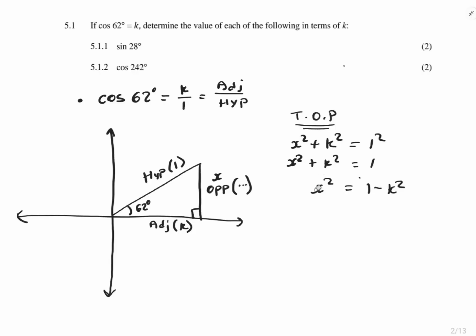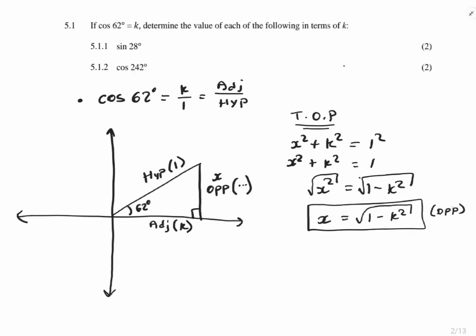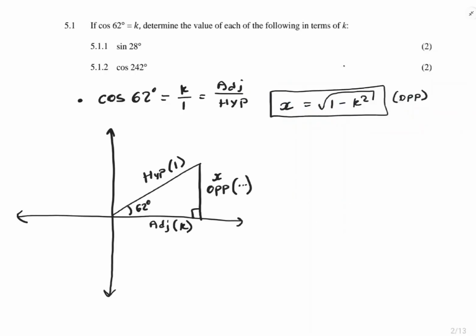We want x, not x squared, so we put a square root and root both sides. Then x is the square root of 1 minus k squared. So this is our opposite. Then we can erase all of this because we don't need it. We found our opposite as the square root of 1 minus k squared.